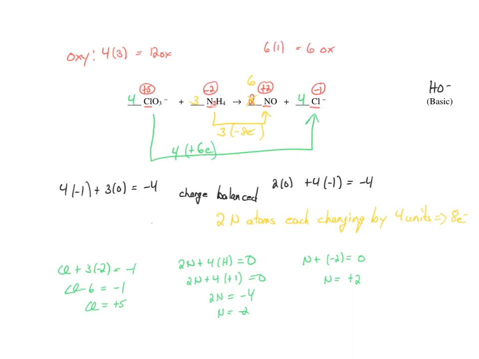So we're going to have to add 6 water molecules to the product side. Now, if we've done everything right, we should have balanced for hydrogens. We have 12 hydrogens on the reactant side, 12 on the product side. We're done.